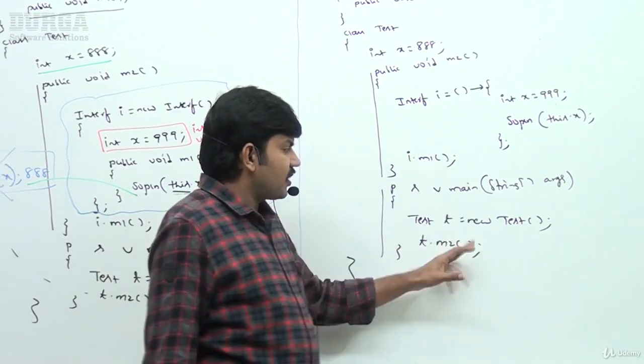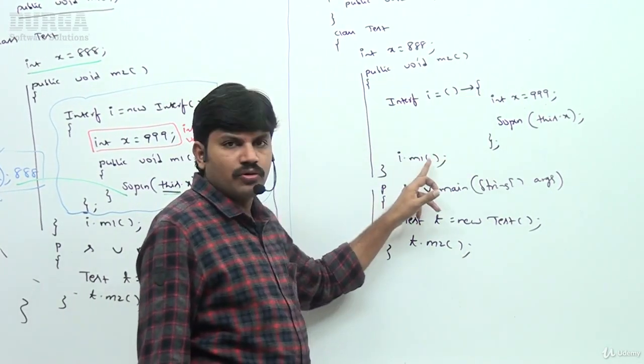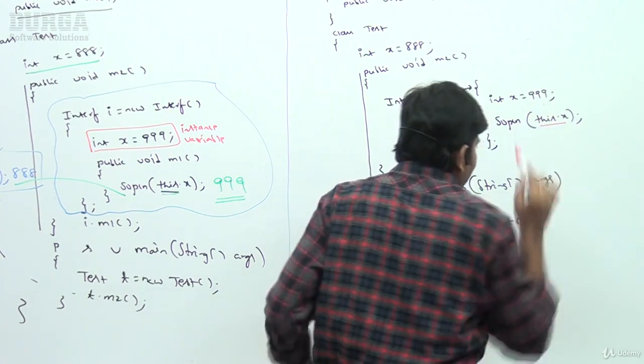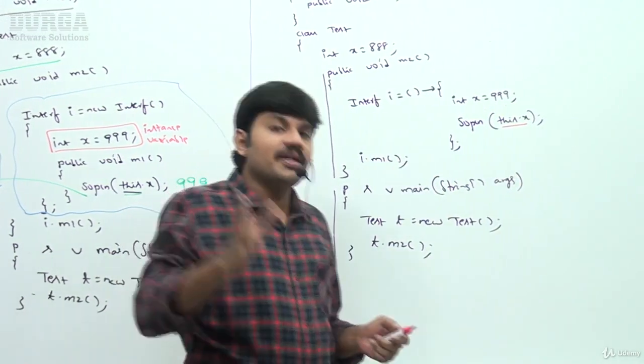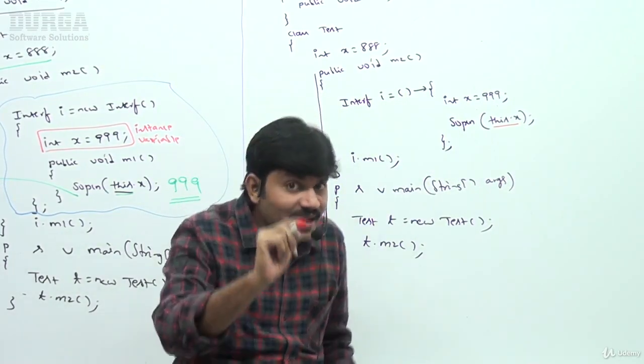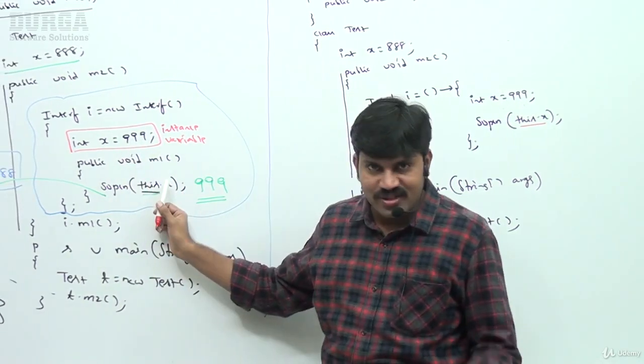Take very special care, sir. Of course, the control is coming to m2. Inside m2, this total thing is going to happen. Now, inside lambda expression, this always refers to outer class variables only, but inside anonymous inner class, this always refers to inner class variables. Have you remembered, right?